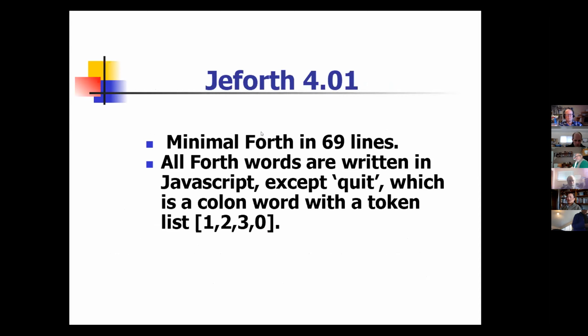It has only 9 words, but it has the entire Forth system, interpreters and compilers, in only 69 lines, almost 1 page. All the Forth words are written in JavaScript except quit, which is a colon word with a token list of 1, 2, 3, 0. I think this is the most beautiful program I've ever written.